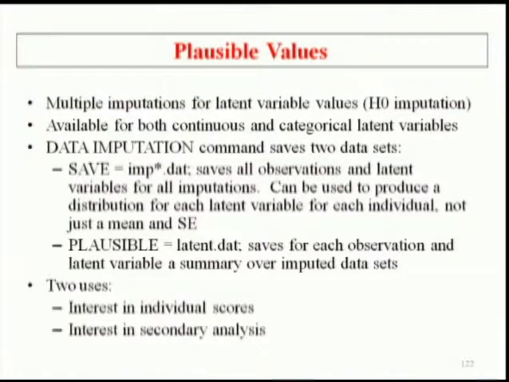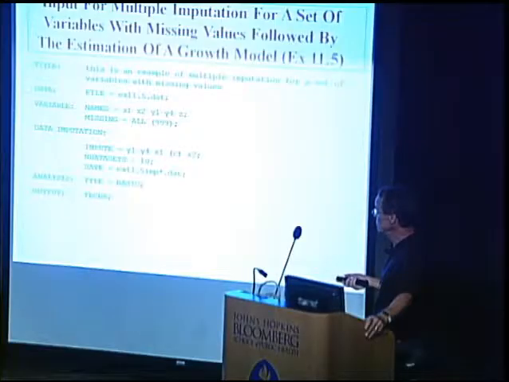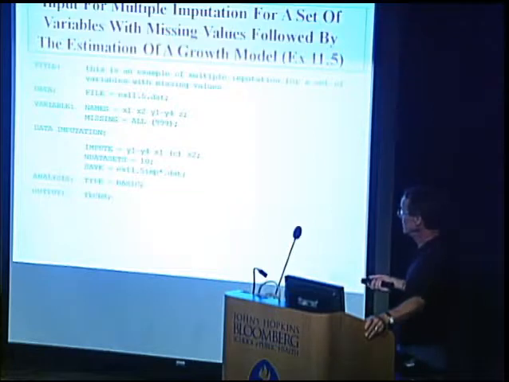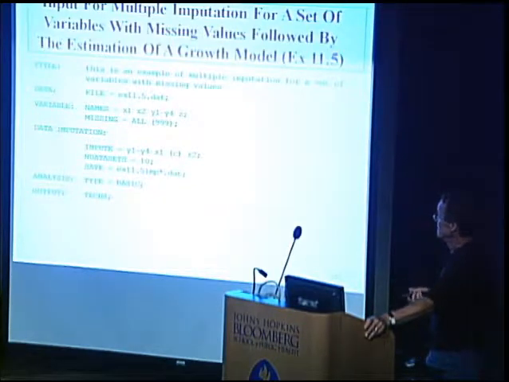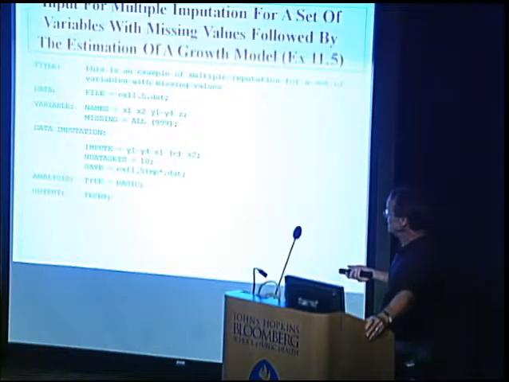So a summary, whereas here you get all the details of the distribution. And there are 2 uses of this, and one is when you are really interested in individual scores, which you often are in research, interested in individual scores for latent variables, including categorical latent variables as in mixture modeling. And another is when you have an interest in secondary analysis.